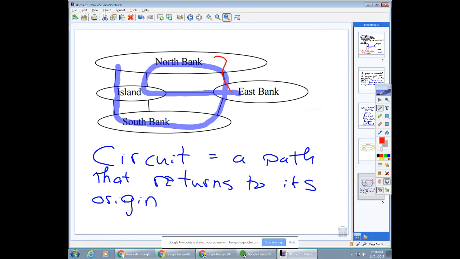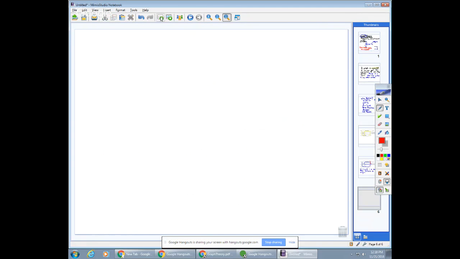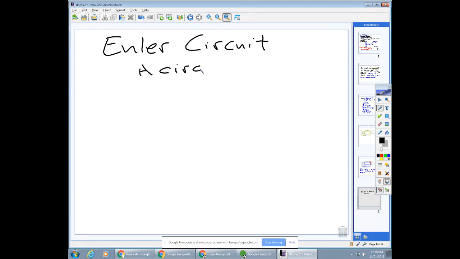I could have. There's another idea in graph theory called an Euler circuit. And an Euler circuit is a circuit that uses each edge exactly once.